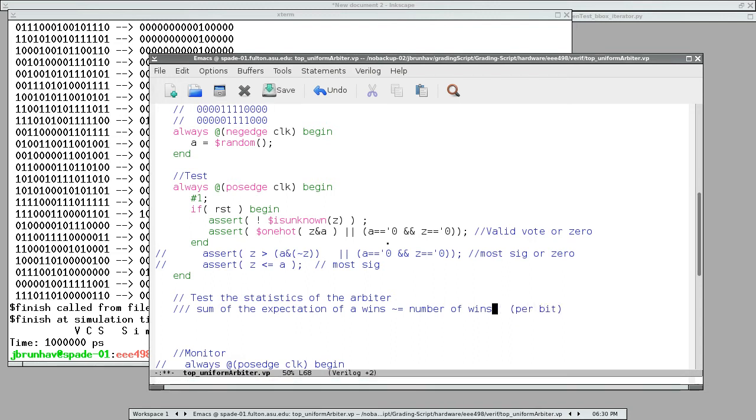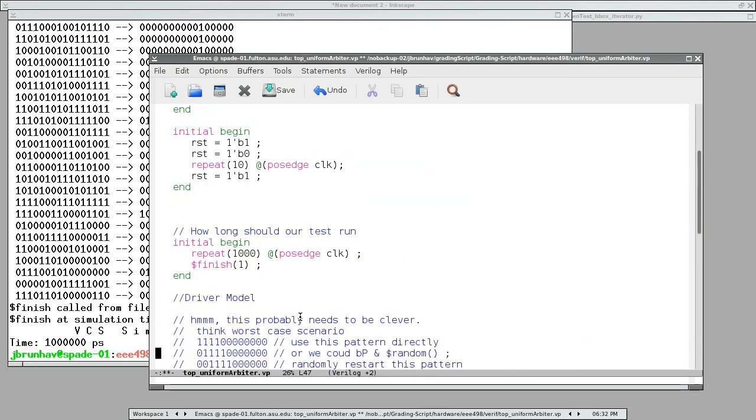So the idea is we need to keep count of how many bids win, and then every time a bid is made, we need to increment the expectation that there would be a winner. And then we would compare the two. Our thought is that if there really is a uniform probability that this is being evenly treated, it lines up and we don't need to worry too much about this going on.